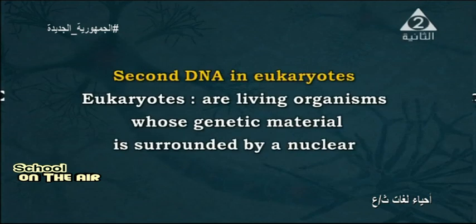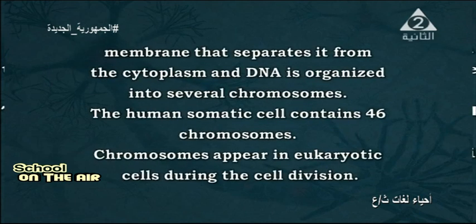Second, DNA in eukaryotes. Eukaryotes, like what? Eukaryotes, like higher plants and humans, are living organisms which contain the genetic material surrounded by a nuclear membrane. The DNA must be found inside the cell which contains a nucleus, and this nucleus is surrounded by the nuclear membrane.